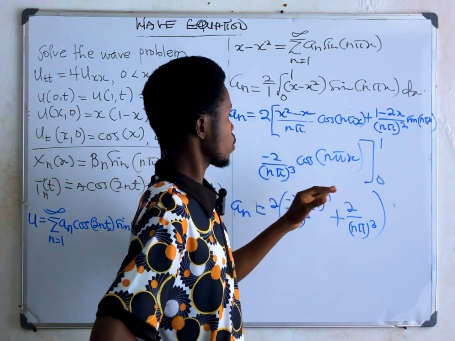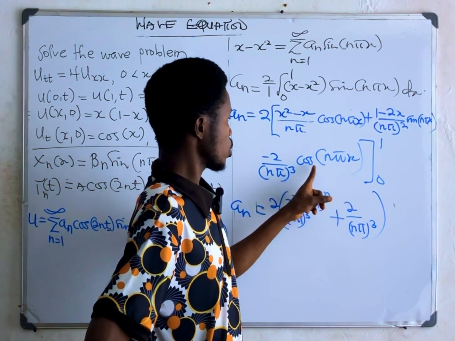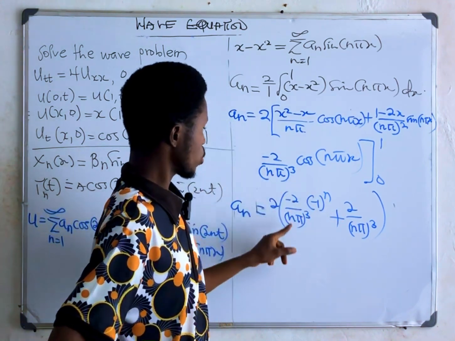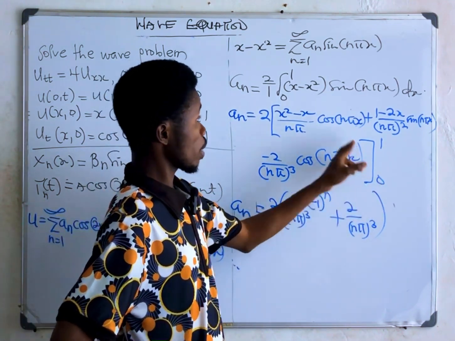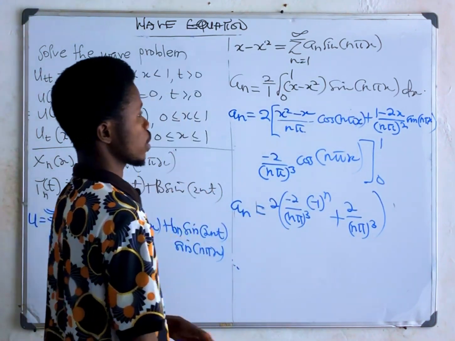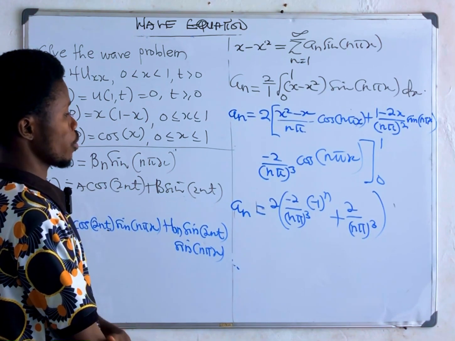So everything here goes to 0. If I put 1 here, this will be cos n pi. You know cos n pi is negative 1 to the power n. And this one maintains. The same thing applies to the 0. If you put 0 there, that's what happens. This is what we have now.